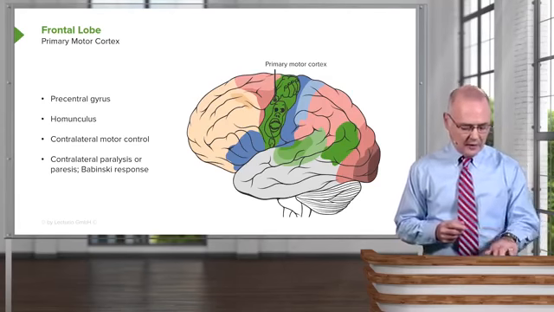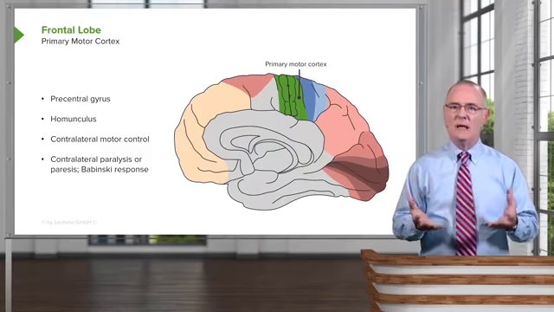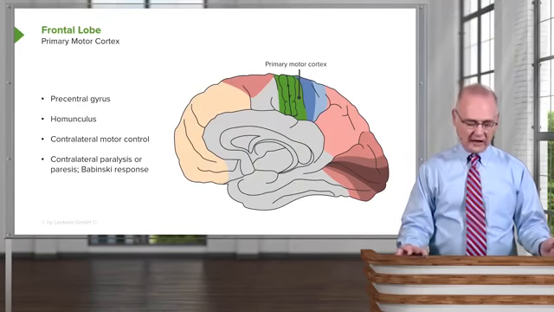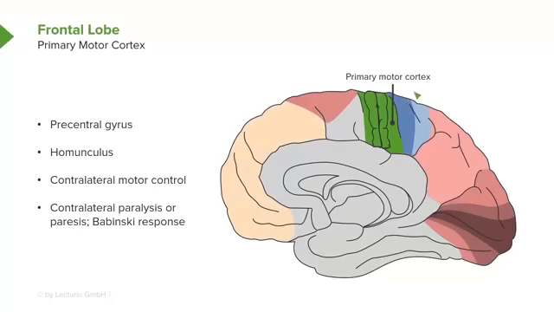If we continue our view here on the medial aspect of the precentral gyrus, and again that's shown in green, we can see the buttocks lie here on the superior aspect of the precentral gyrus medially, and then you can start to see the lower extremities continue distally so that the feet are approaching the cingulate gyrus that's along here.